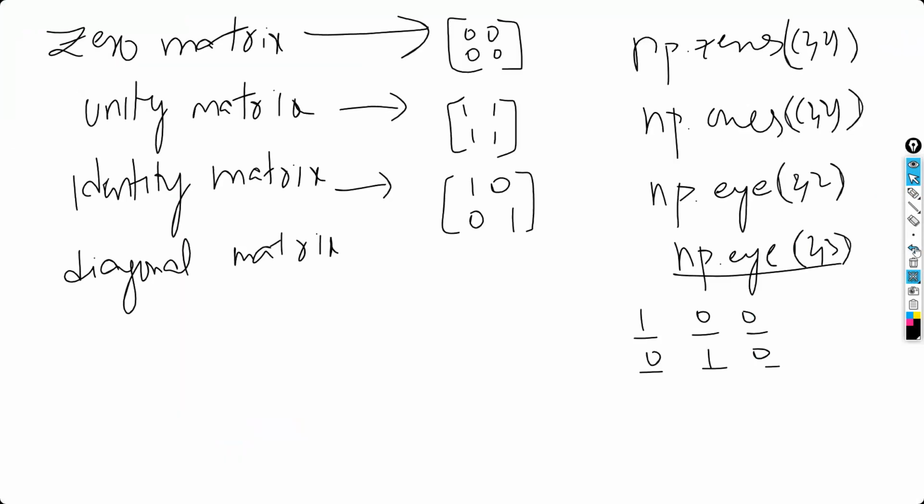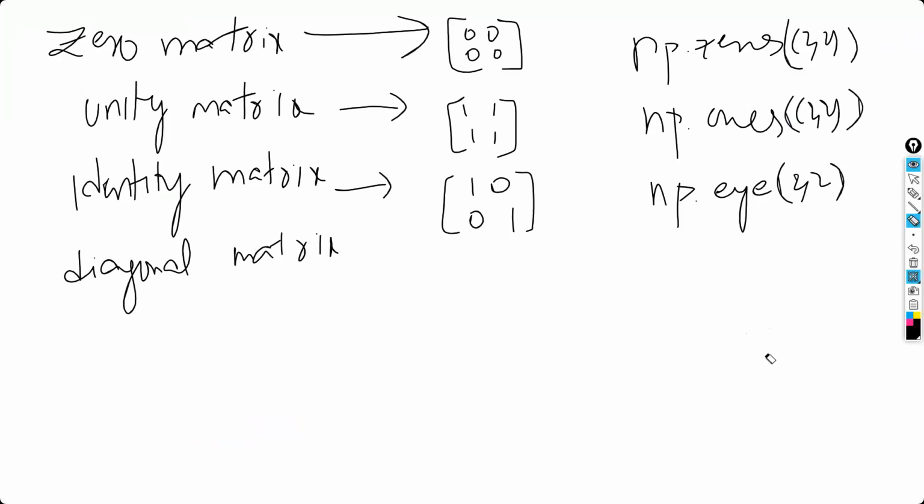Okay. Now, coming back, the fourth one is the diagonal matrix. What is meant by diagonal matrix? In the matrix, you have diagonal values of your choice. Anything is okay. Diagonal values can be anything, but the remaining values should be 0 only. Then it is called a diagonal matrix.